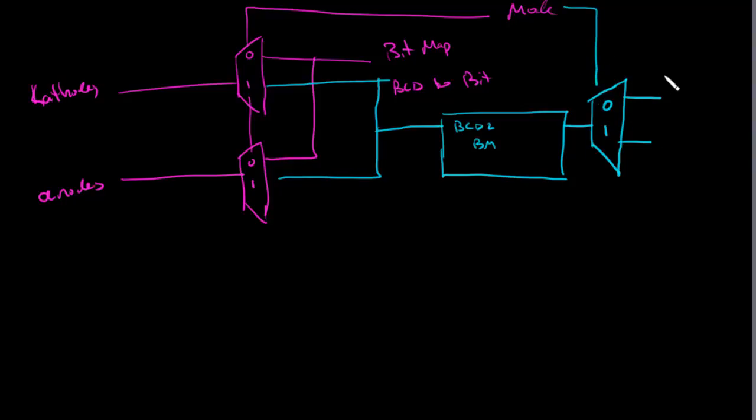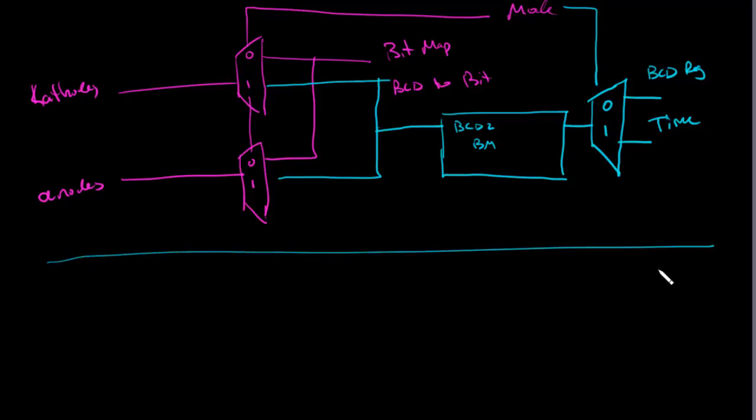And in this case, I'm either going to pick the BCD registers, or I'm going to pick the time. And so with this simple little arrangement, now I can very easily build this module in Verilog and have one module that manages the time, one module that we've already done that manages the BCD. This bitmap is really just the registers, and so then there's just a little bit of glue logic to figure out which path I want to take.